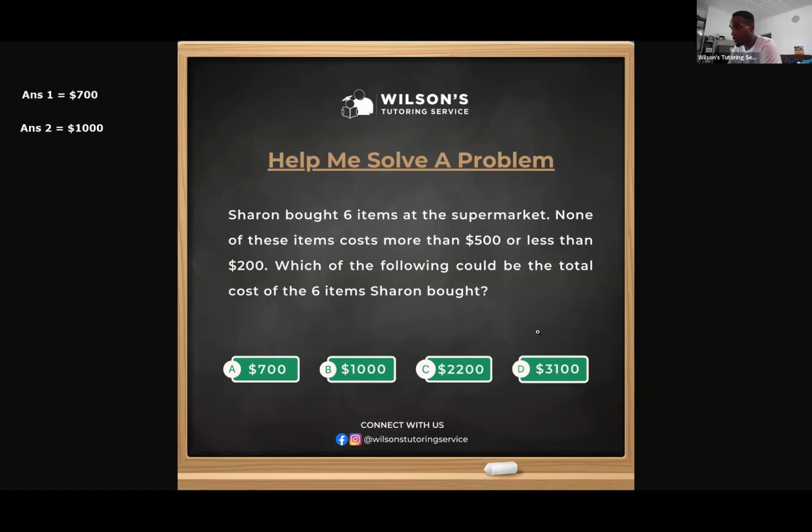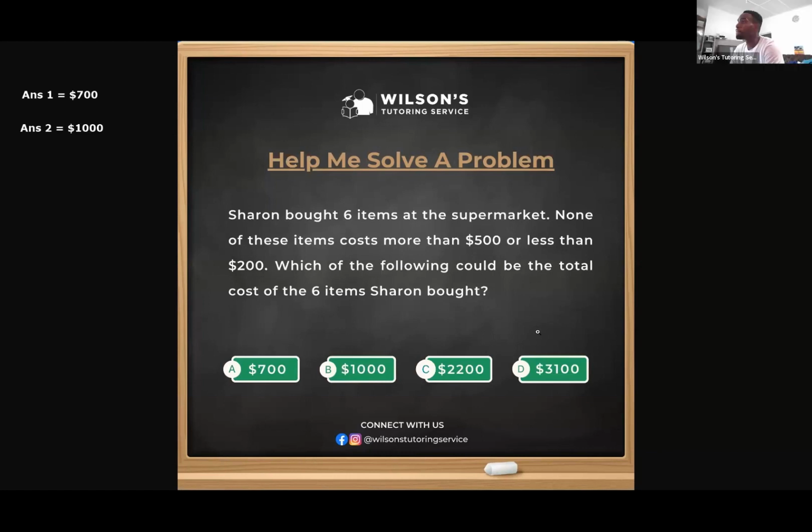All right, what about you, Tommy? The question said that Sharon bought 6 items at the supermarket. None of these items cost more than 500 or less than 200. Which of the following would be the total cost for 6 items?